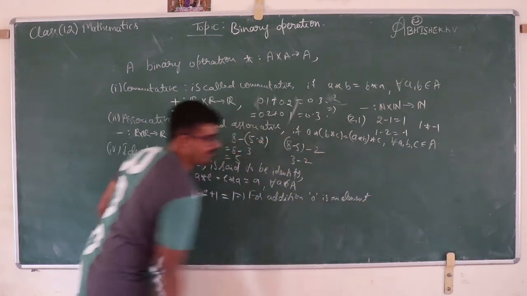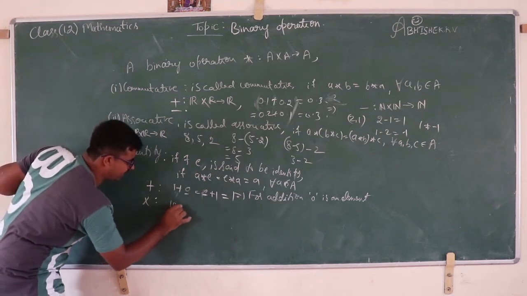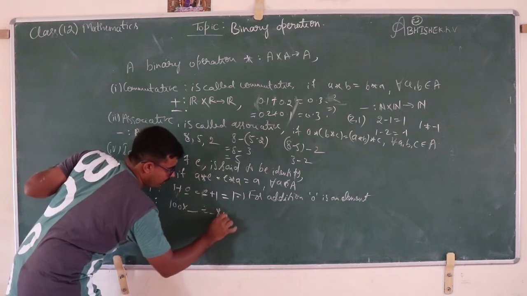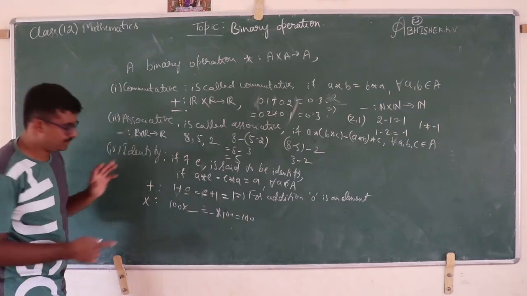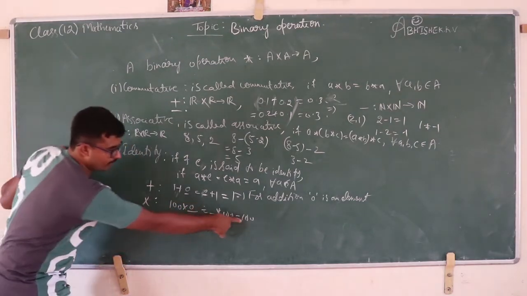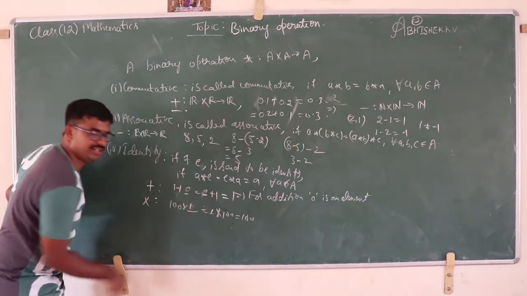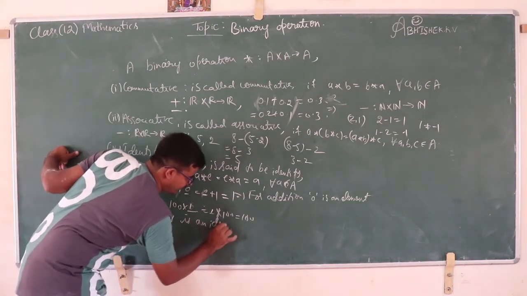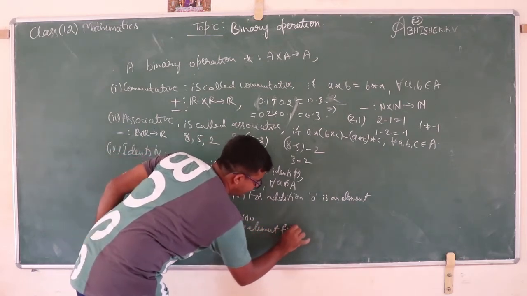For multiplication, if I consider 100 here, 100 into something is equal to something into 100 should be 100. Here 100 belongs to the given set. See, 100 into 0 is equal to 0. But here we should get 100. 100 into 1, 1 into 100. This implies 1 is an identity element for multiplication.